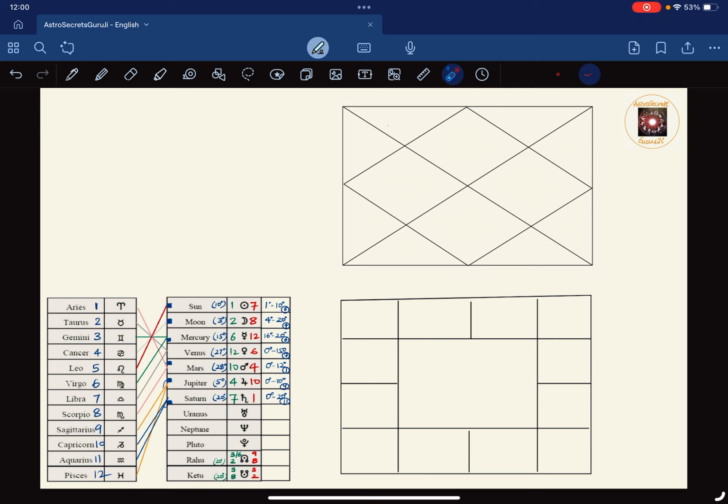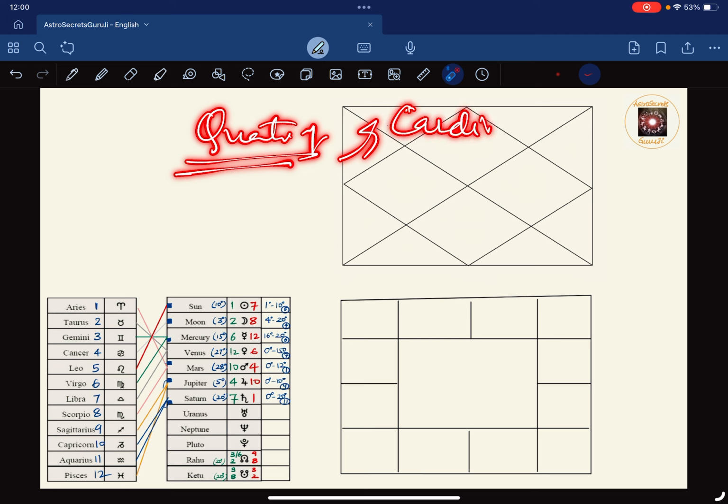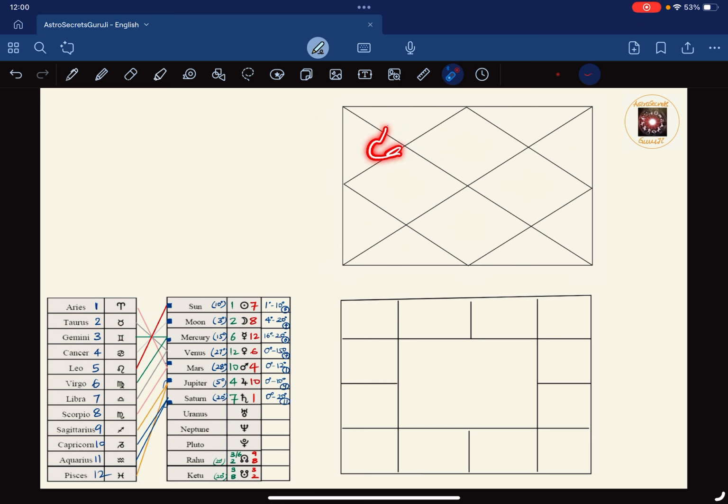The second thing that we should focus on is the quality, right? Quality of the sign. There are three different types of quality that a sign represents, whether it is cardinal in nature, fixed in nature, or the third, mutable, right?